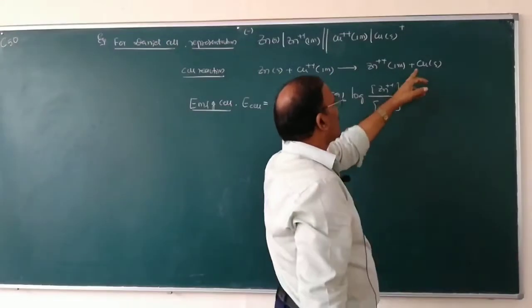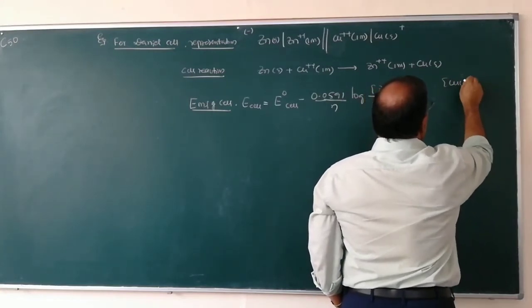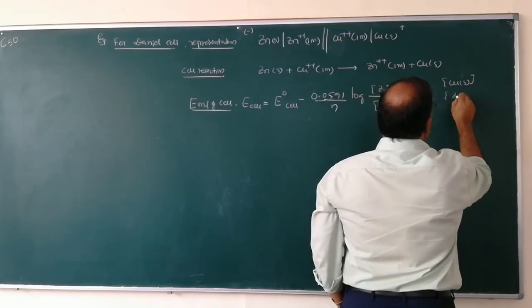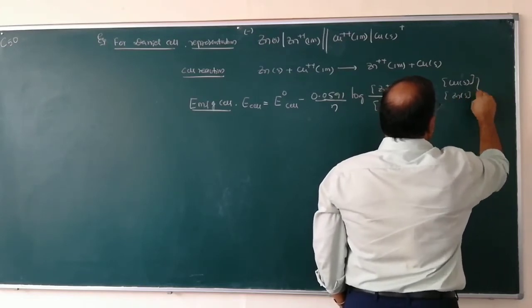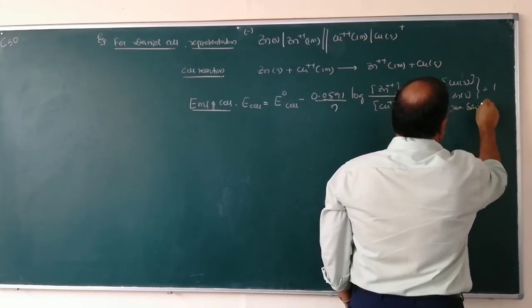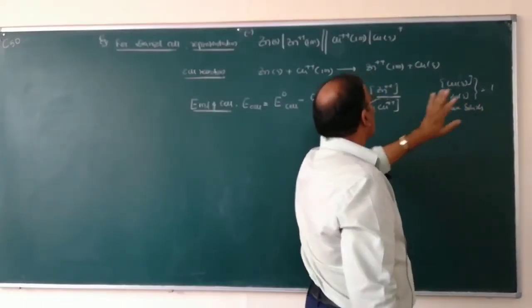So we are not considering the concentration of Cu(s) and the concentration of Zn(s), because they are pure solids. For pure solids, the concentration is equal to 1.